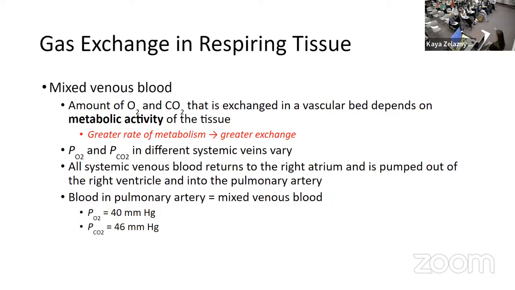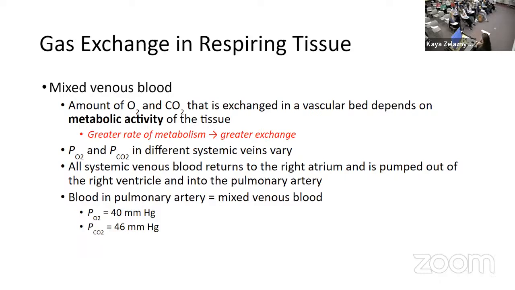So how much work it's doing. So if there's greater metabolism happening at the level of the tissue, there should be greater exchange of gases, right? So if you're way below 40 for your oxygen in the tissue, you're just going to get more oxygen from the blood, essentially. So these should be playing off each other like that, basically. So if there's a greater rate of metabolism, there should be a greater exchange of gas.